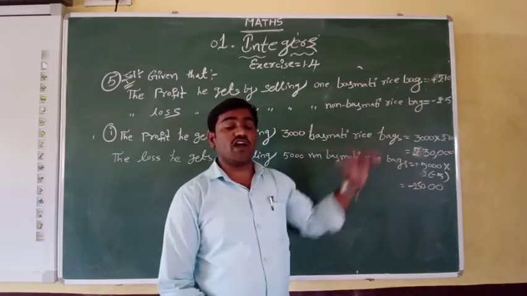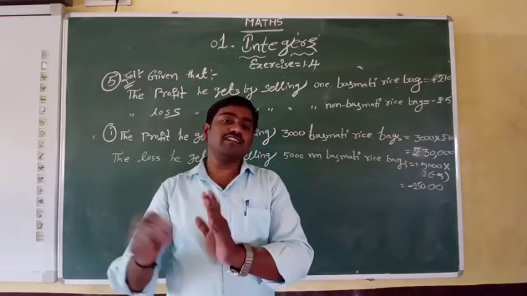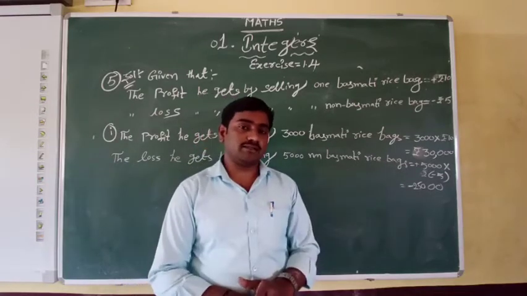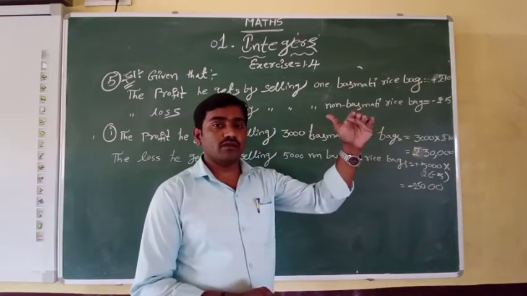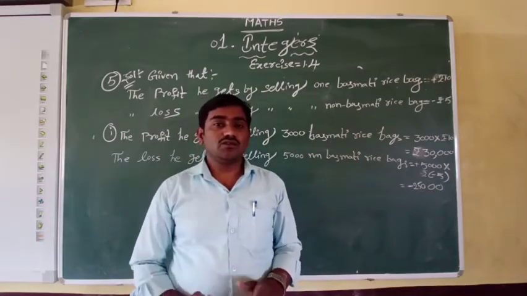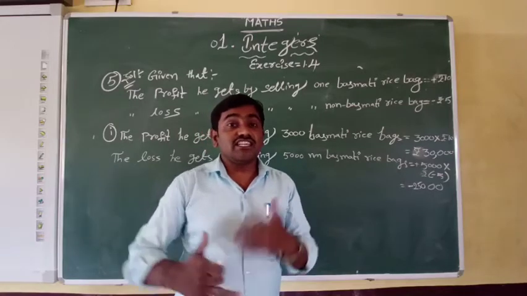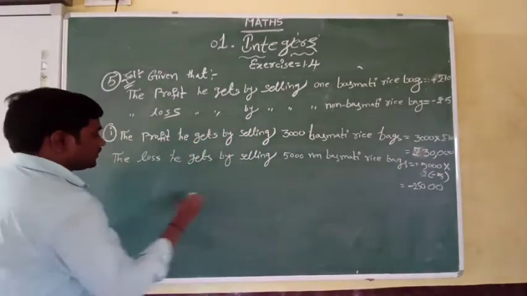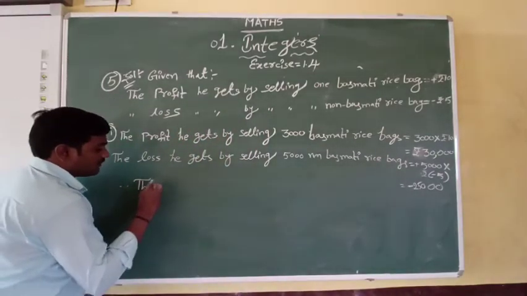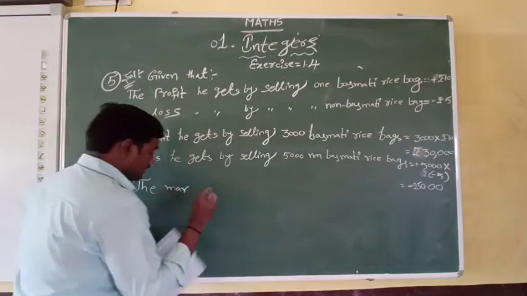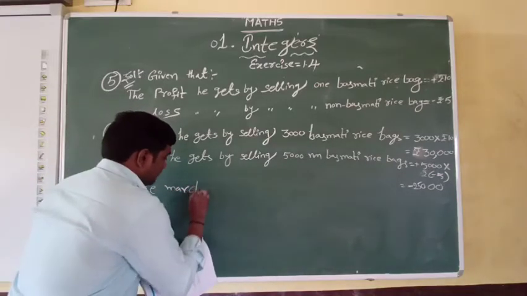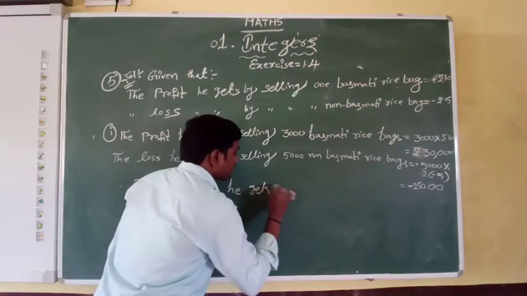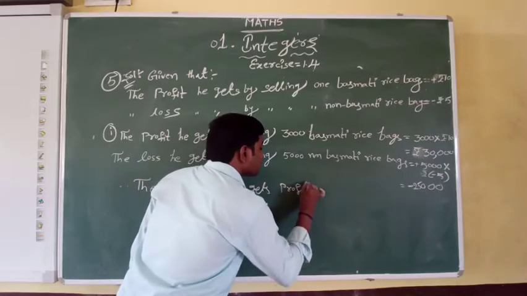He gets 30,000 rupees profit on selling basmati rice bags. He gets 25,000 rupees loss on selling non-basmati rice bags. So 30,000 profit, 25,000 rupees loss. So directly we can understand, the merchant is in profit. How much?